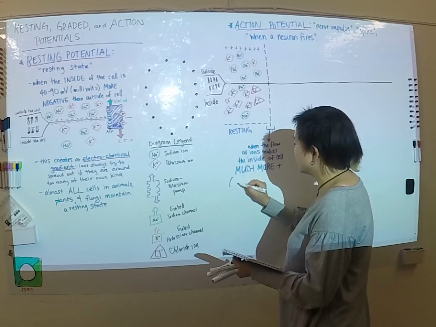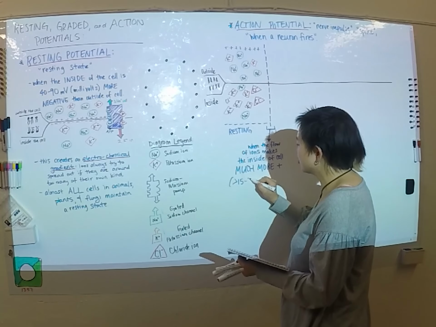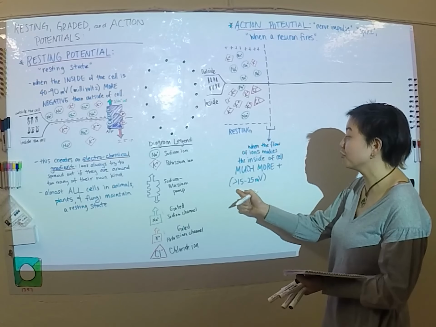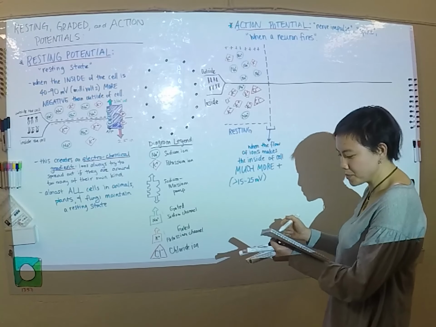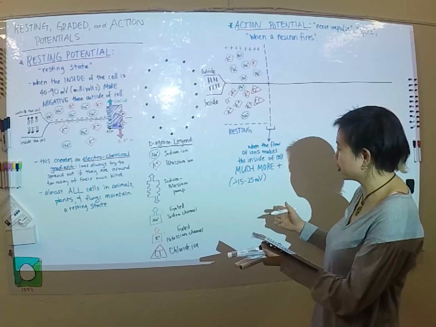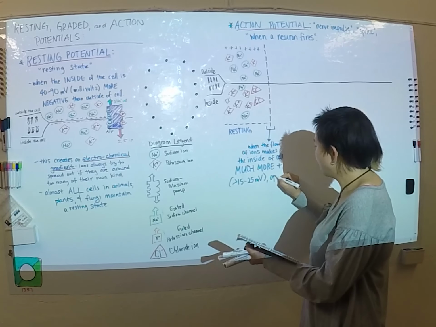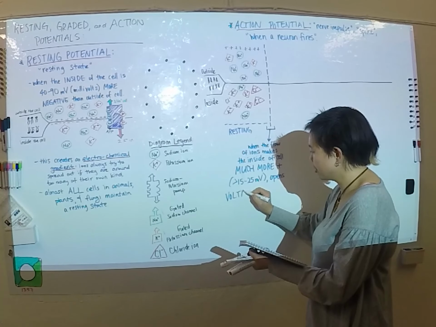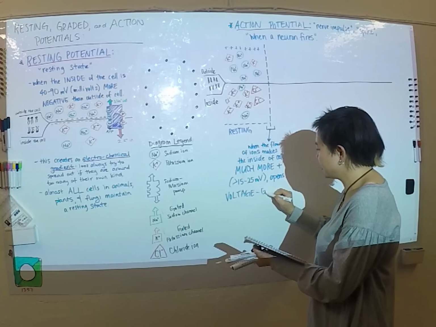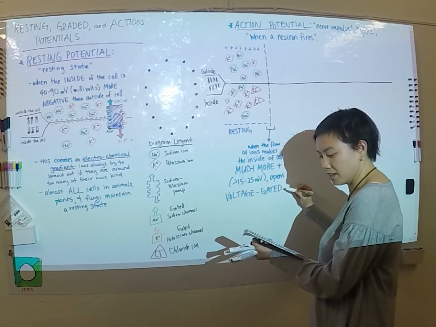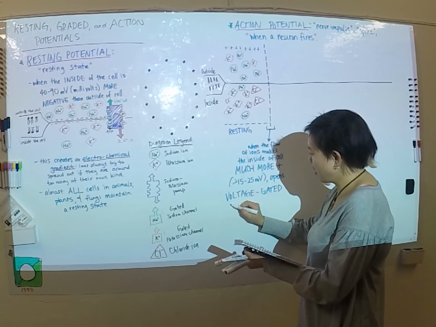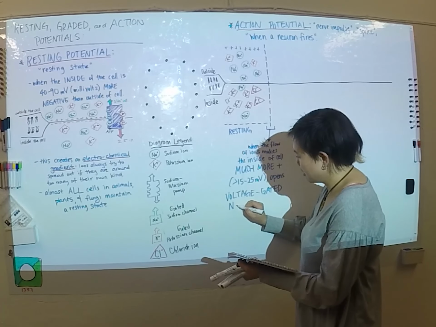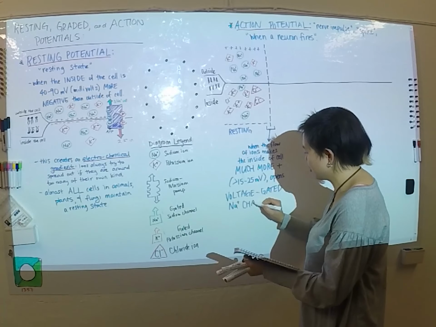And I said it was going to be greater than 15 to 25 millivolts. So the change in millivolts has to be really big, okay? This change in the electrical potential opens voltage-gated channels, in this case specifically the sodium channels, okay? Na+ channels.